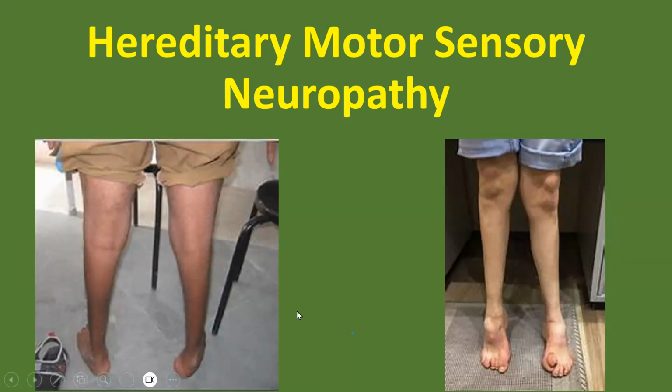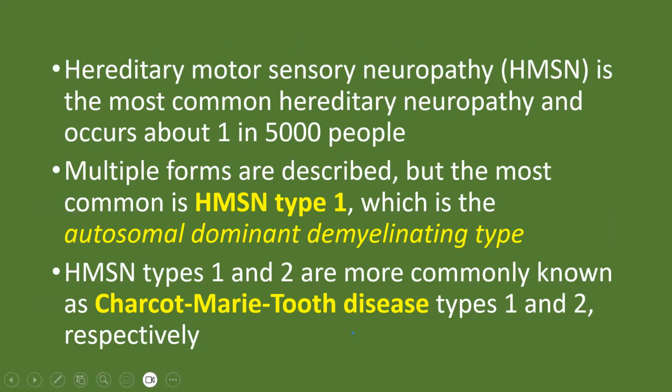Hereditary motor sensory neuropathy is the most common hereditary neuropathy and occurs in about 1 in 5,000 people. Multiple forms are described, but the most common is HMSN type 1, which is autosomal dominant, demyelinating type. Types 1 and 2 are more commonly known as Charcot-Marie-Tooth disease, types 1 and 2.